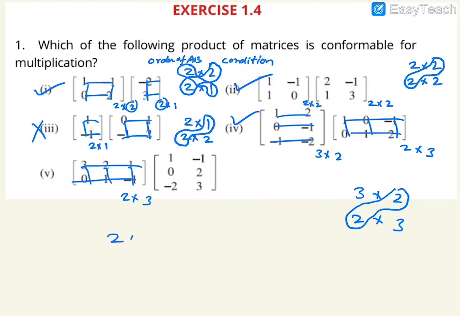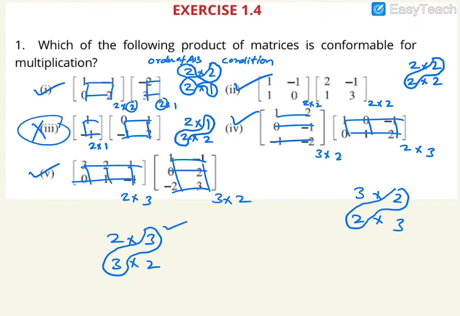First you need to write the first matrix first. The order of the first matrix must be first, and then the order of the second matrix, 3 into 2. Then check this one, this is same, 3 equals 3, yes. So these matrices are conformable for multiplication. So only part 3 is not possible, the remaining all are possible.